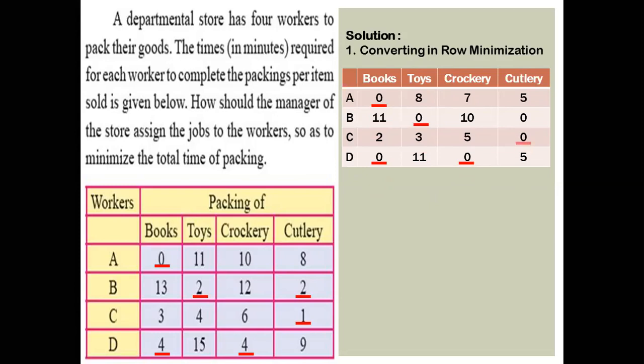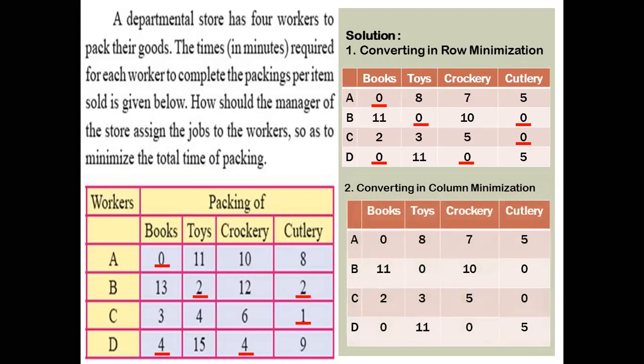As you can see, I have underlined all the minimum numbers in specific columns, that is books, toys, crockery and cutlery. And in all the above columns, you can see the minimum number is none other than 0. So here comes our step number 2, converting in column minimization.